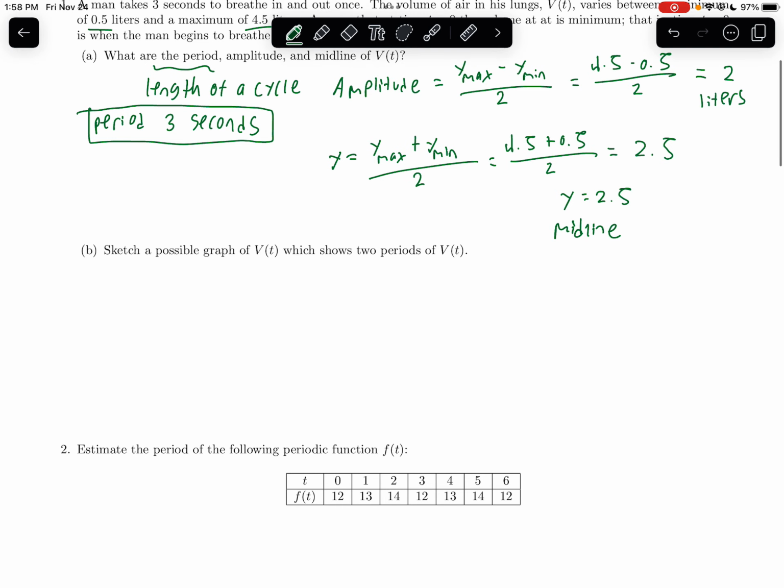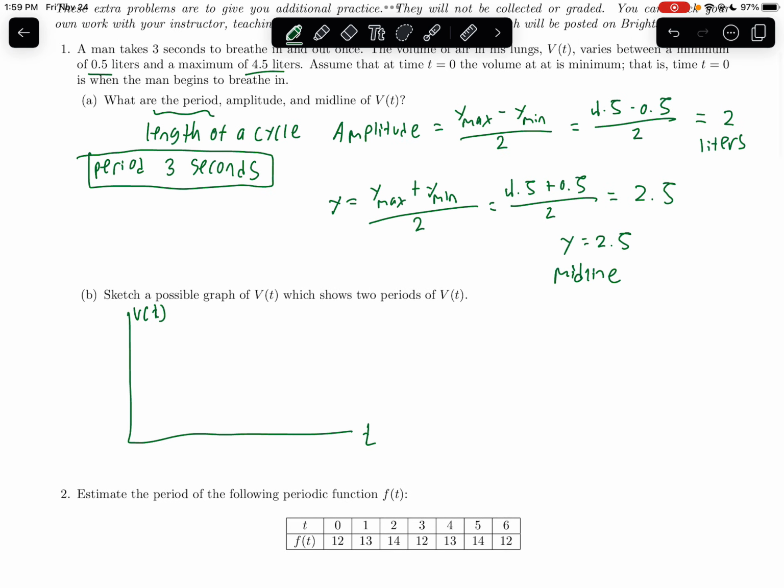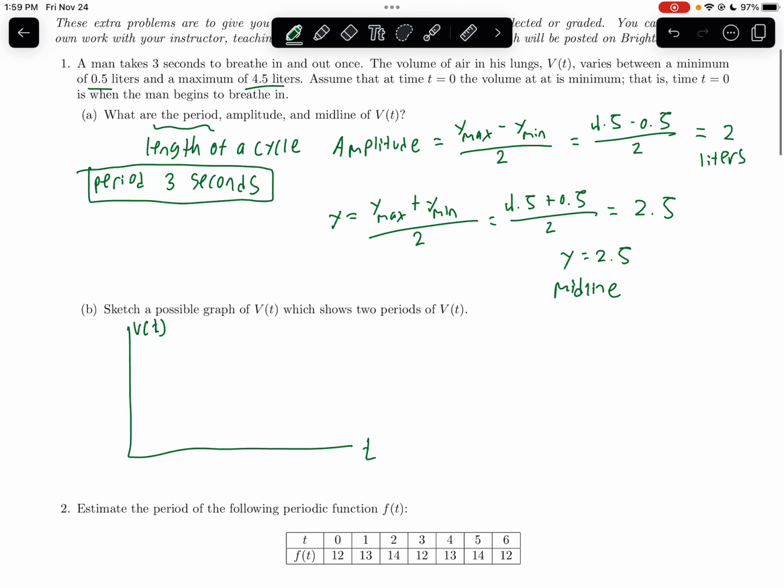Okay, and then sketch a possible graph of the function. So we haven't really defined sine and cosine functions yet, so this is a bit mysterious, maybe, how this could come up, but later on we'll see that we can do this more rigorously. So we're told that at time 0, because we need to know what the intercept is, the volume is a minimum, and the minimum is 0.5.